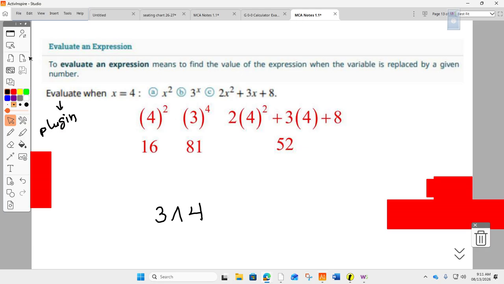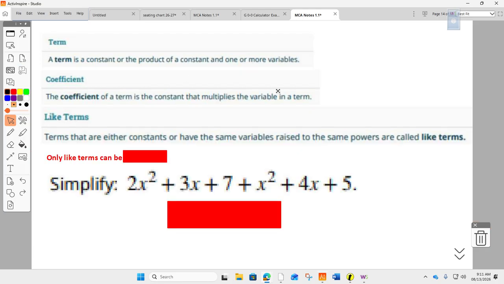A term. Remember, a term is part of an algebraic expression or equation separated by addition or subtraction. It can have multiplication or division within the term. The coefficient is the number being multiplied by the variable in a variable term, right? So here, 2 is the coefficient on x squared. 2x squared is the term.